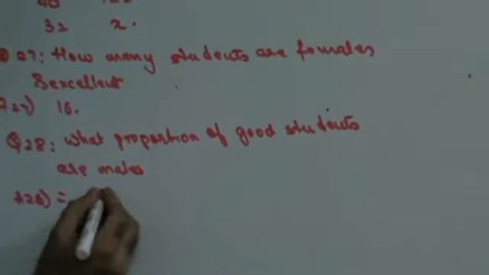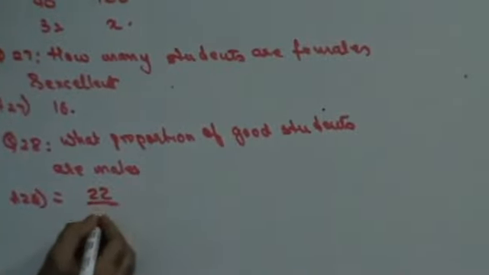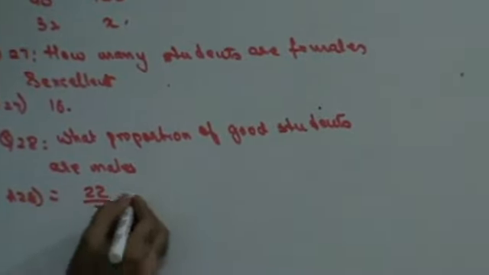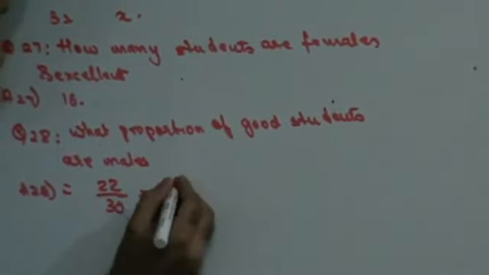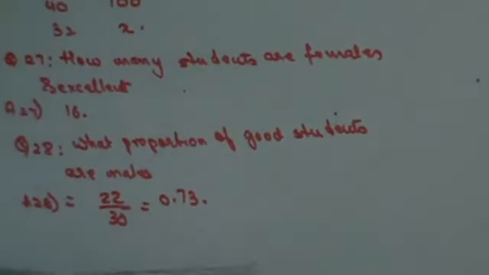The number of males who are good is 22. Total number of good people is 30. So this is going to be 22 divided by 30, that's 0.73. So 0.73 is your proportion of male students who are good.